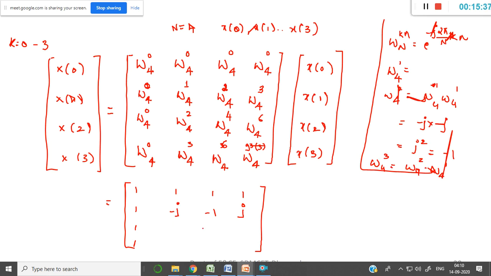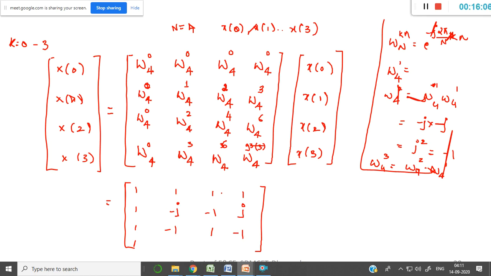W4 to the power of 2 is already calculated, that is -1, I will write it as it is. What about W4 to the power of 4? It is nothing but W_N to the power of N, the Nth root of unity. It is the 4th root of unity here, so it must be 1. W4 to the power of 6? It is -1, very good, not minus j or plus j.